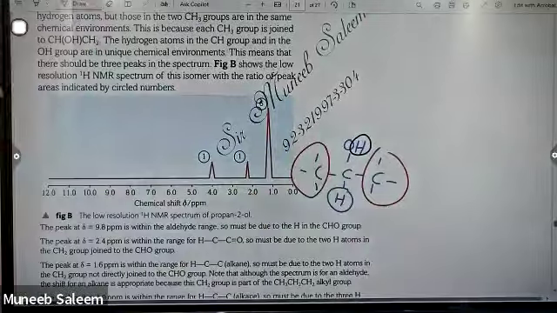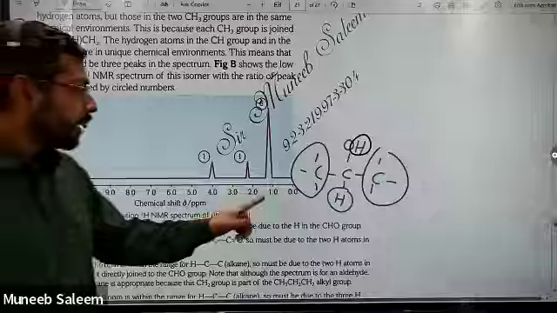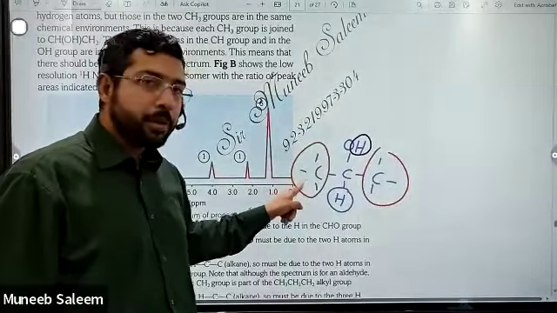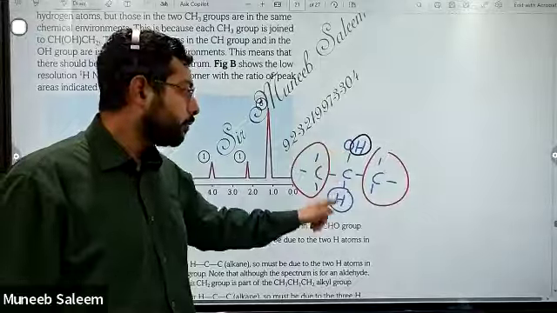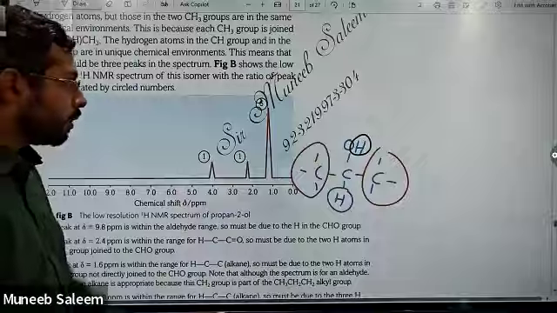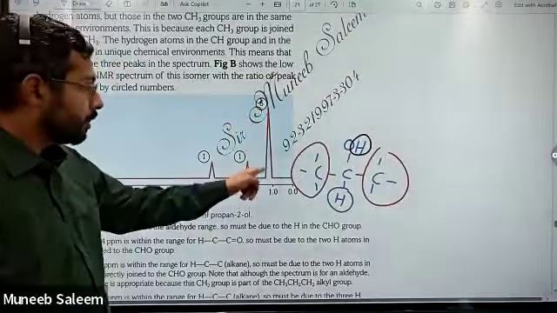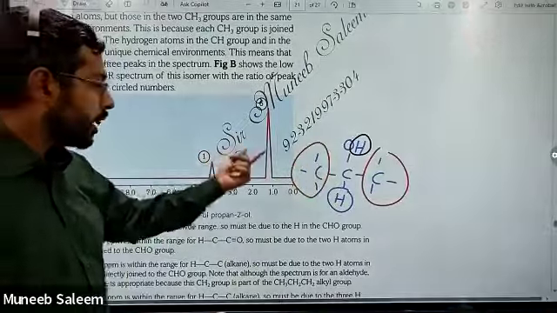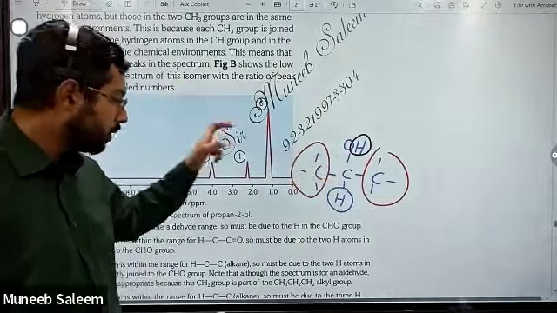So in total, we would have 3 different chemical environments. One labeled by red, one labeled by black, and one labeled by blue. So you have these 3 peaks. Now you can see 6 is written here, which means they are representing the hydrogen atoms of these 2 methyl groups.